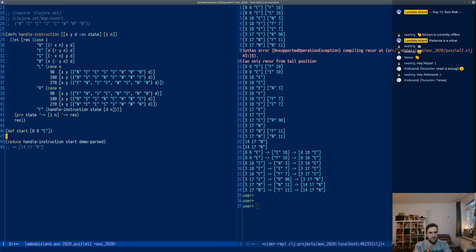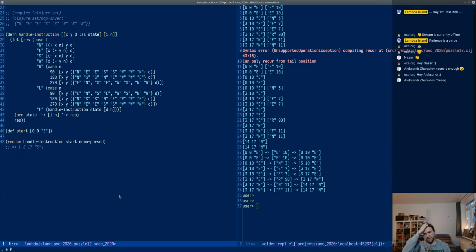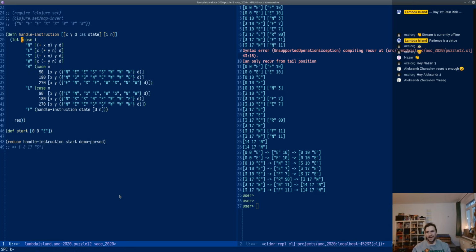Right 90, we were going east, we turned 90 degrees to the, oh, I'm flipping my right and my left, is that it? If I'm east and I go 90 degrees right, I should be going south. Yeah. The other left. Minus 8, 17, 17, 8. Yeah, we need to take the absolute value and then compute the Manhattan distance.